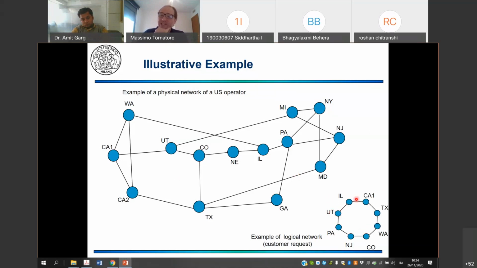Okay. When I say that we perform a mapping of the logical topology over the physical topology, which is basically a routing and wavelength allocation, I really mean what I show in this example, right?